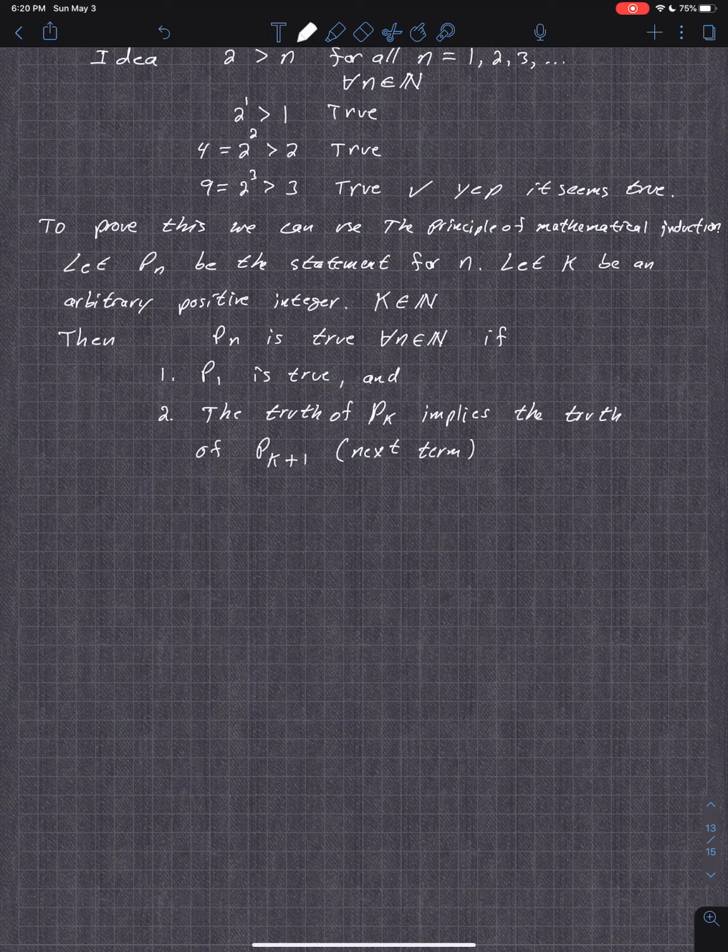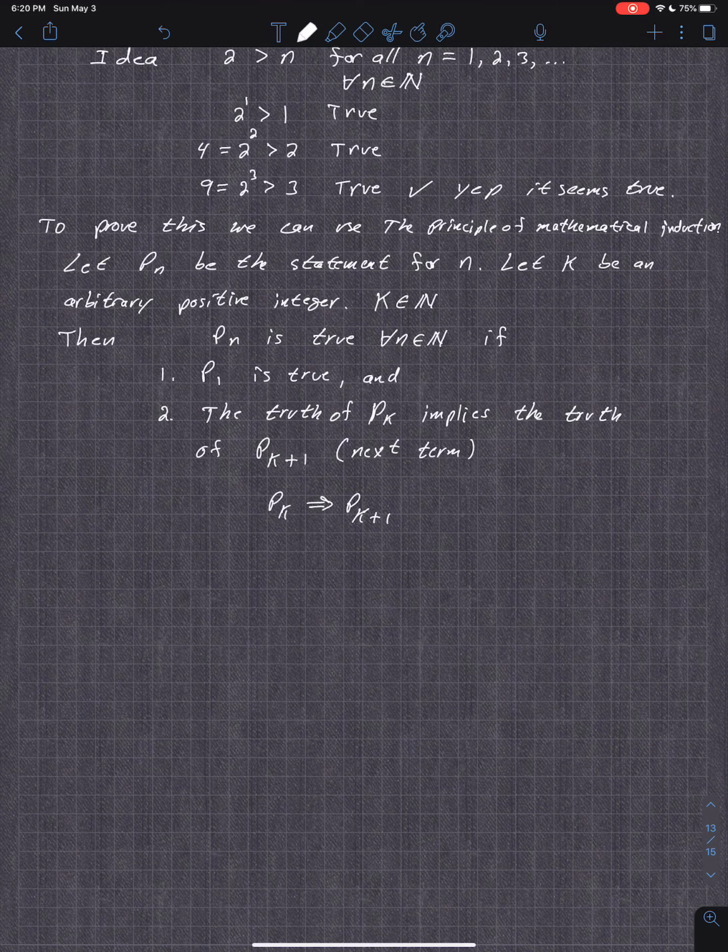So we need to establish that P sub k implies P sub k plus 1. And that's done with legal math moves to get from here to here. We multiply on both sides, we do some sort of way to get from one side to the other.